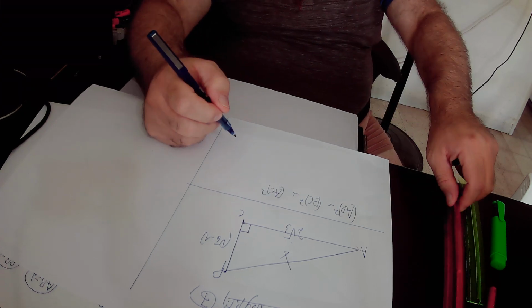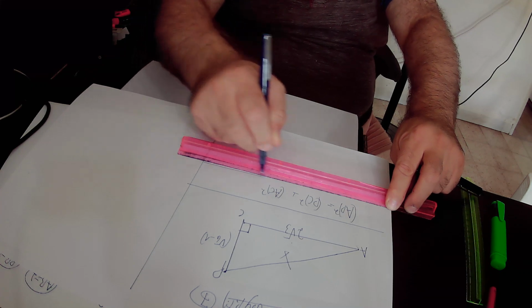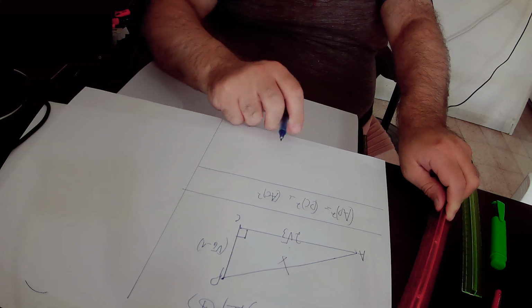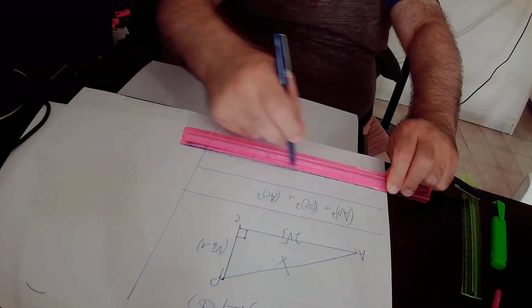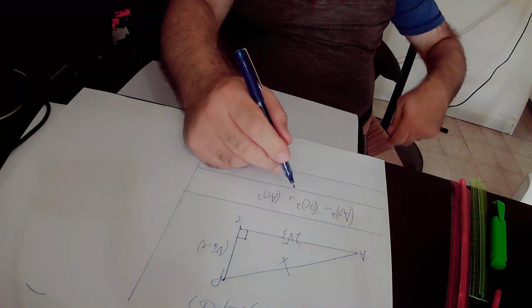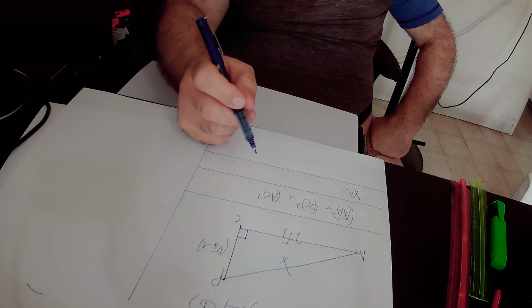I repeat again, according to the Pythagoras theorem in the right triangle APC, AP squared equals PC squared plus AC squared. Here AP equals x, therefore AP squared is x squared, and it is equal to PC squared.